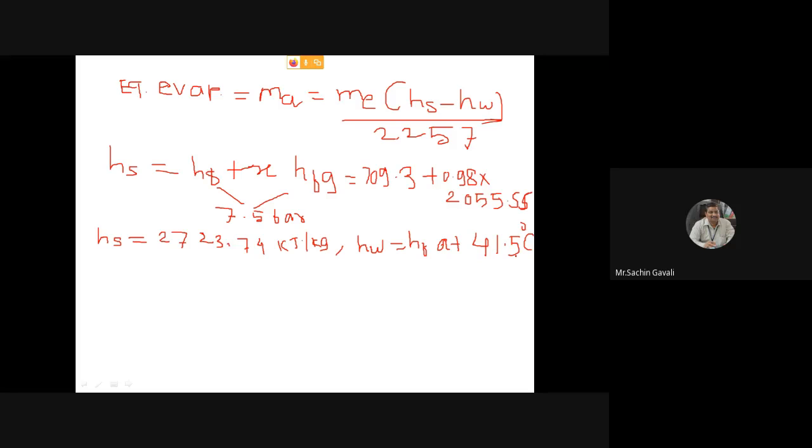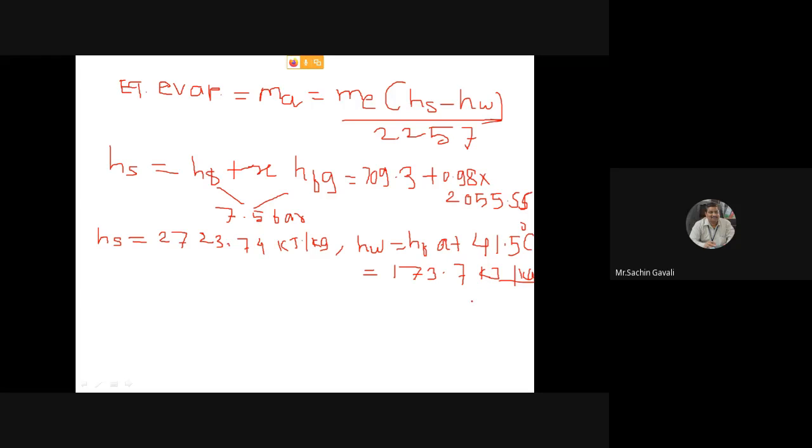So HW is equal to what value? 173.7, again in kilojoule per kg. Then HS we got, HW we got.